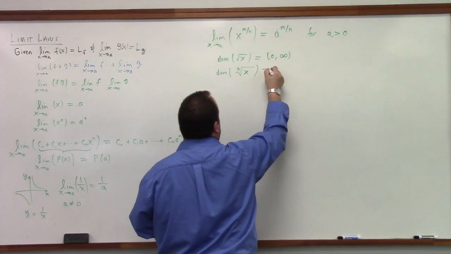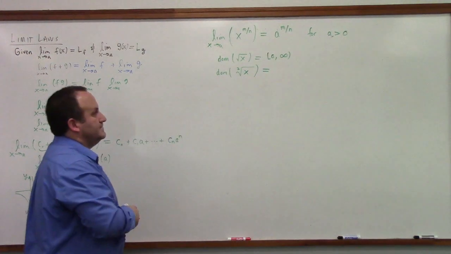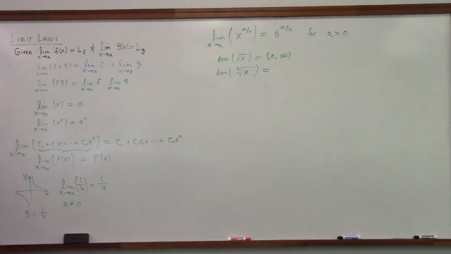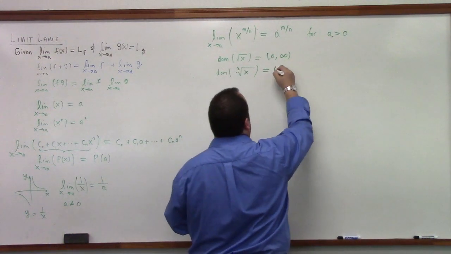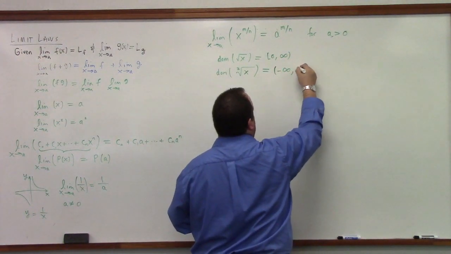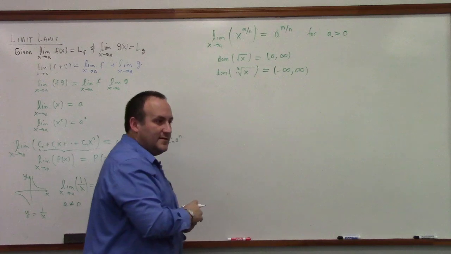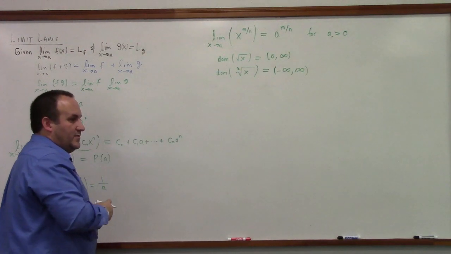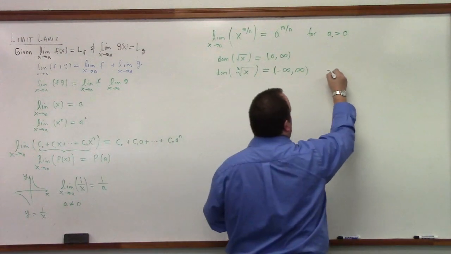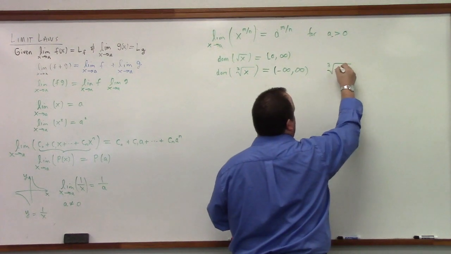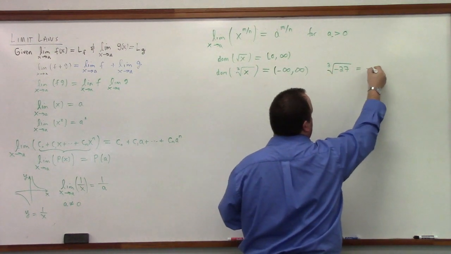What's the domain of the cube root of x? All real numbers, very good. Sometimes students want to give me the same answer that I just had up there. A good example would be the cube root of, say, minus 27 is minus 3.